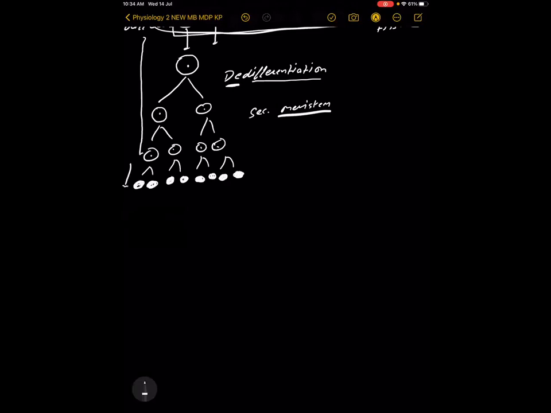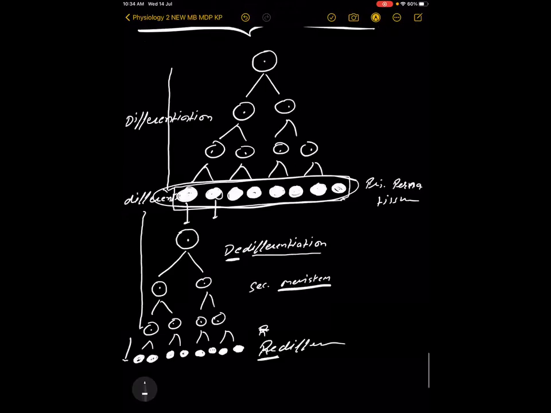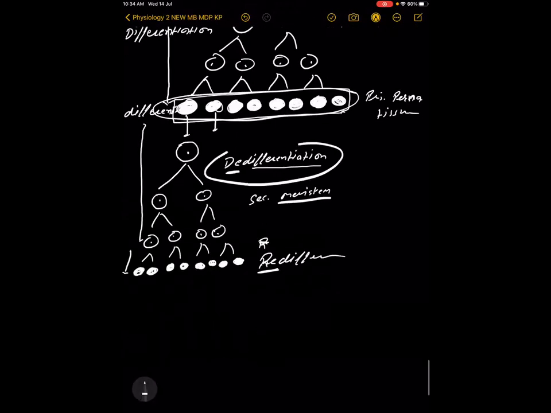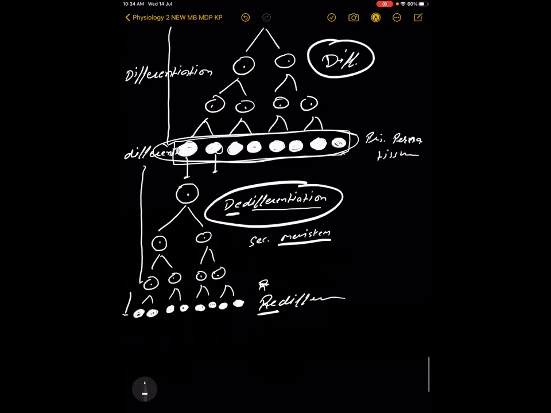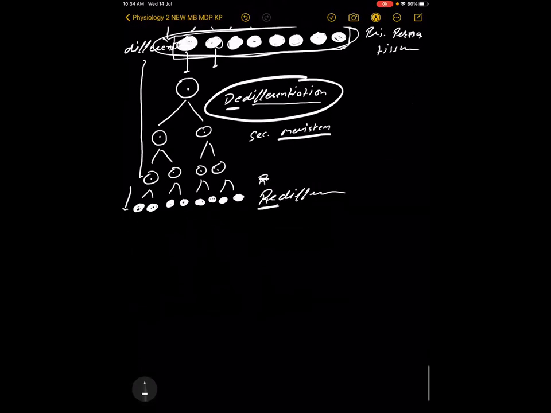So this stage is called redifferentiation. Is it clear? This is differentiation, dedifferentiation, फिर से redifferentiation.